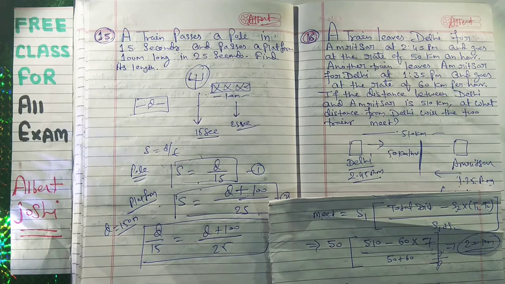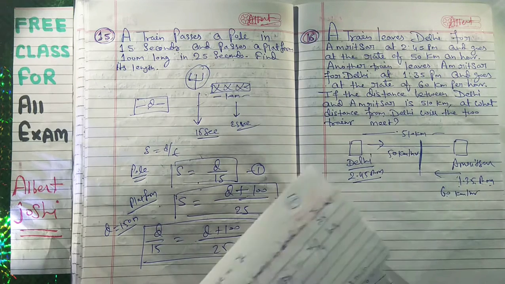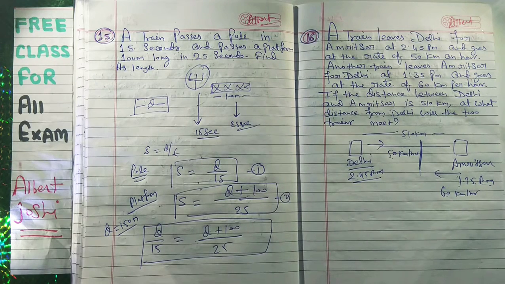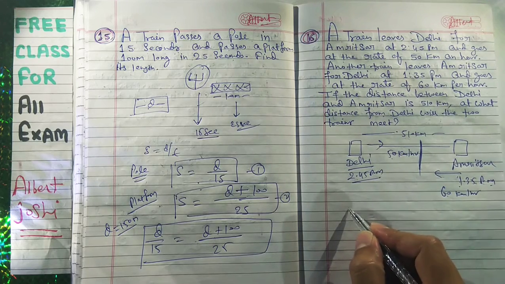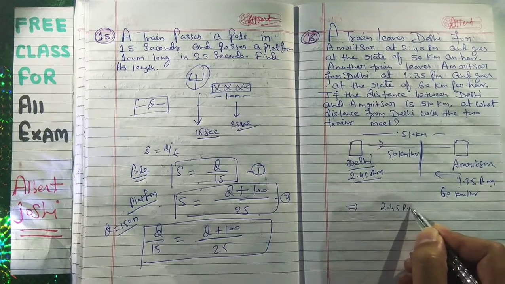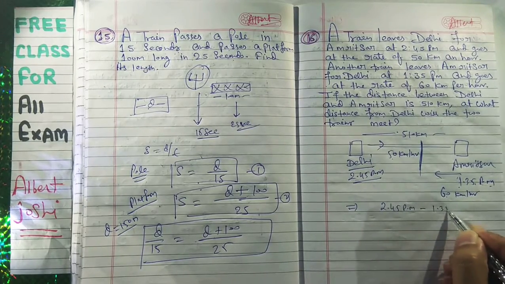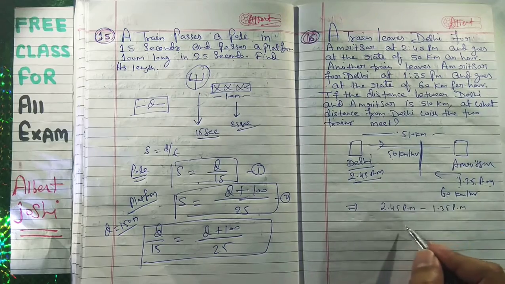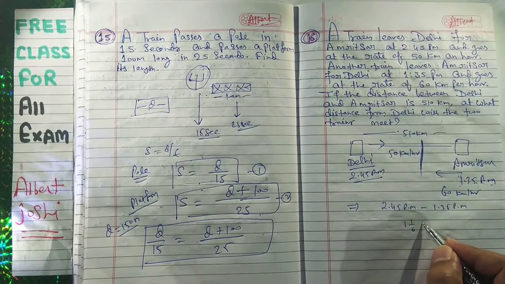What is T1? T1 is the starting time for train 1 and T2 is the starting time for train 2. So 2:45 p.m. minus 1:35 p.m. Actually, let me solve it again. Time is equal to 2:45 p.m. minus 1:35 p.m., that is 1 and 1/6 hour.